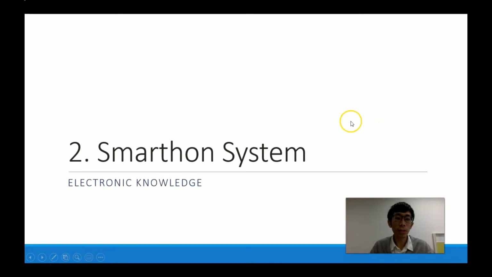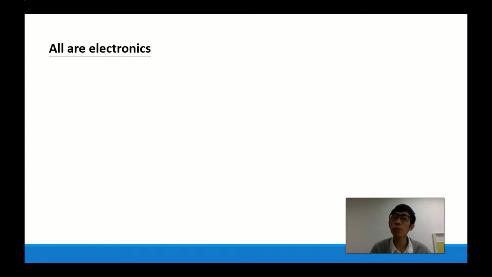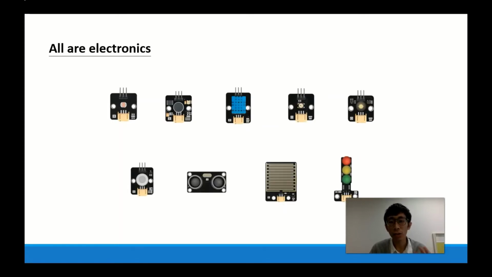So the smartphone system is actually like electronic knowledge. When you open a box of electronics, do you know what a module actually is? Some of you might know, but some of you might not, because different audiences have different levels.